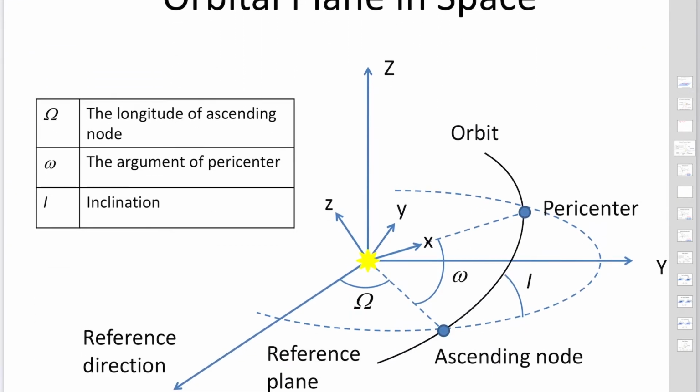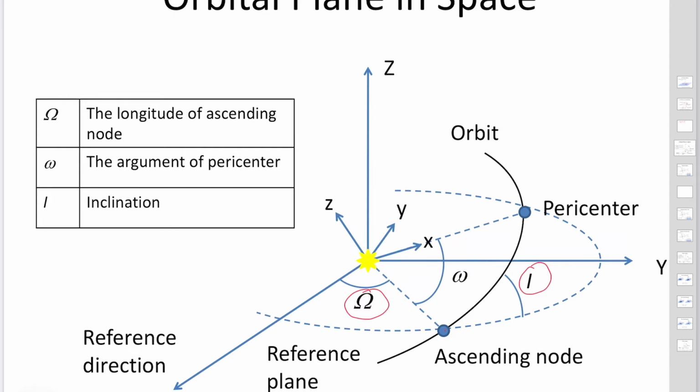Then we'd like to find the orbital plane in space. To describe the orbital plane in space, we need two angles, capital omega and I. Omega is the longitude of the ascending node, the angle between the x-axis and the ascending node.